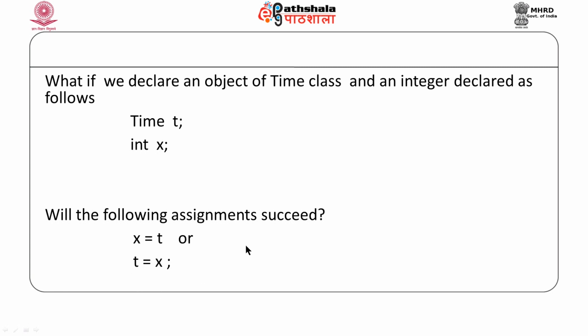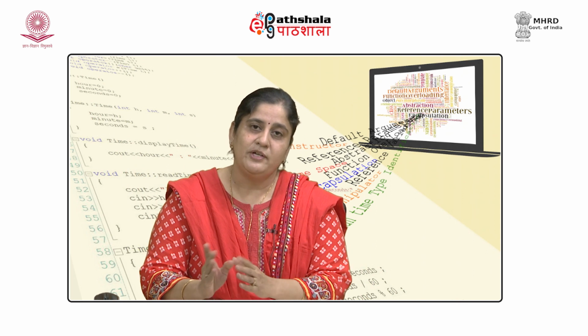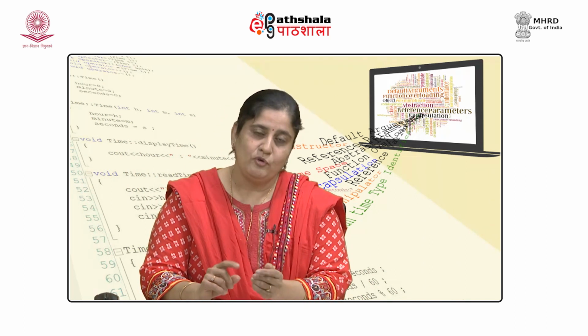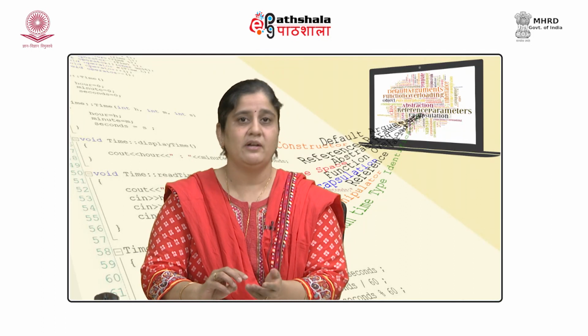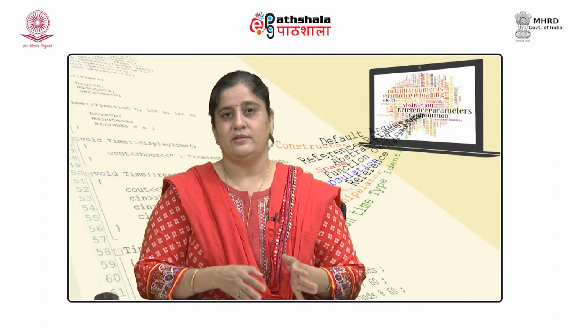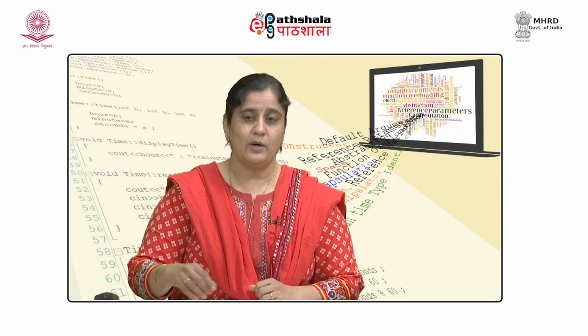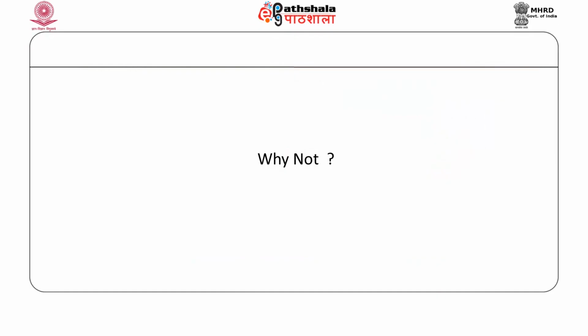Means, can we assign t to x or vice versa? Well, we cannot. If we cannot, why can we not? Because in case of integer and float, we could assign an integer variable to float and a float variable to integer. We can assign integer to double or a double to integer, but in this case these assignments will not work. If they do not work, why not?